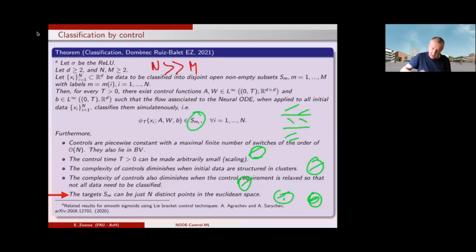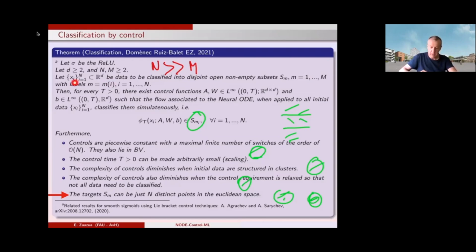Then in such a context, where you are also given the open, non-empty sets, that could be a very small disk, for instance, in the d-dimensional Euclidean space, so that you know a priori what is the label of every point.